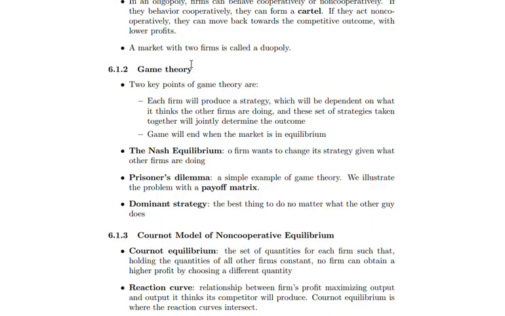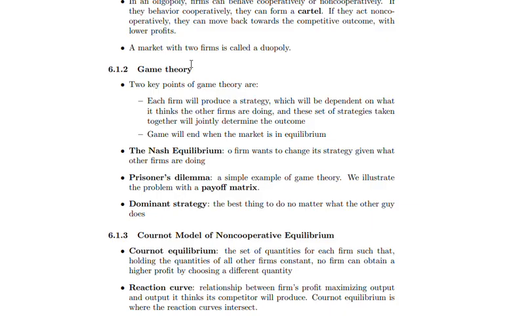Two key points of game theory: each firm will choose a strategy which will depend on what it thinks the other firms are going to do. And this set of strategies taken together will jointly determine the outcome.